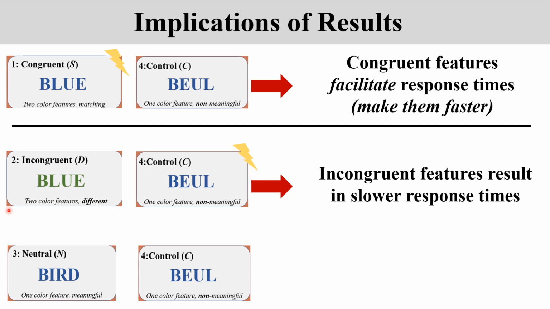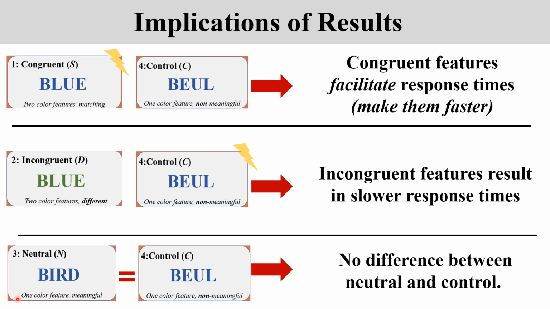So when the word blue is printed in green, it results in slower response time because of interference. And in the third one, they found no difference between neutral and control condition. So naming the ink color in a word that is not color related is just as fast as ink color of random letters that are not meaningful.